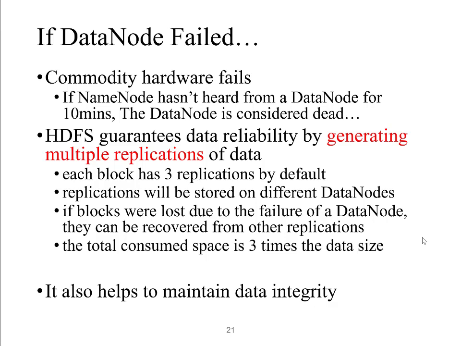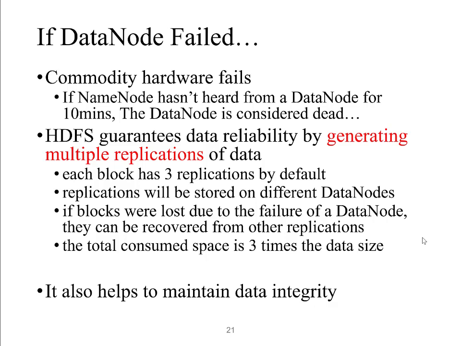So the purpose of storing replications is that when blocks are lost due to the failure of a data node, they can be recovered from other replications. So the idea is, the name node has all the information about this block except its content.